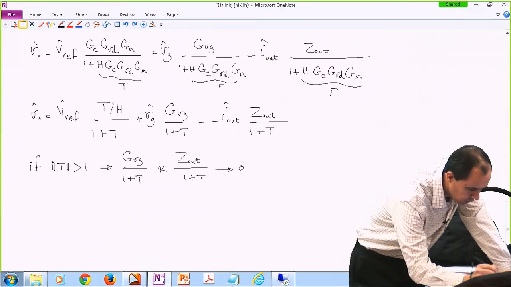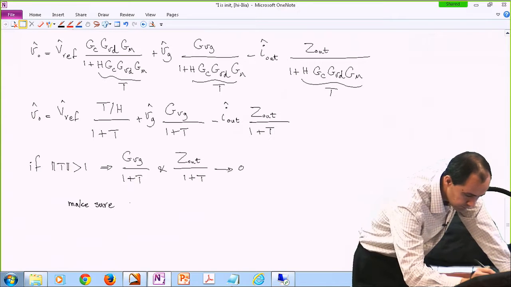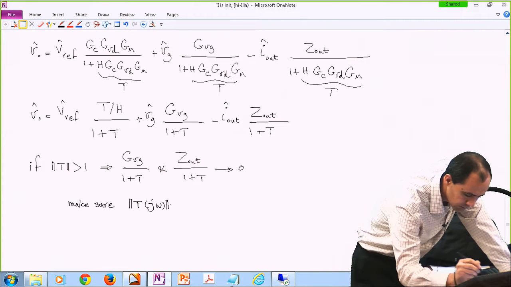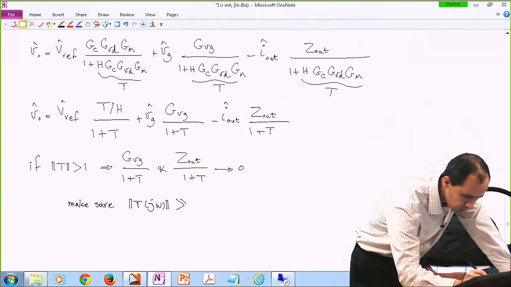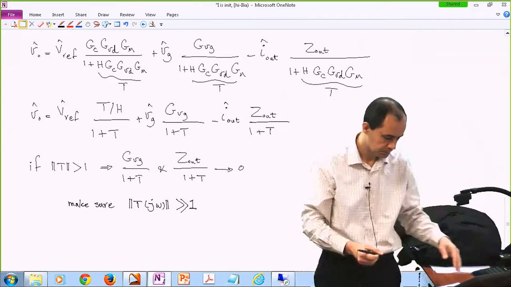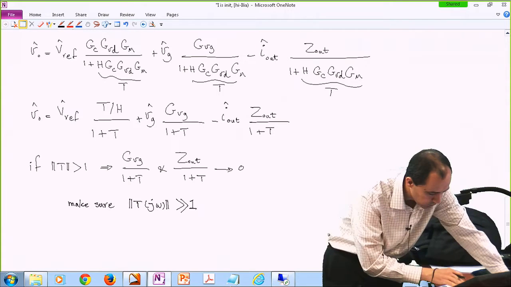All right. So let me, before I write that, let me just write it this way. Make sure your loop gain is very large. Or you can say, what do we mean by very large?